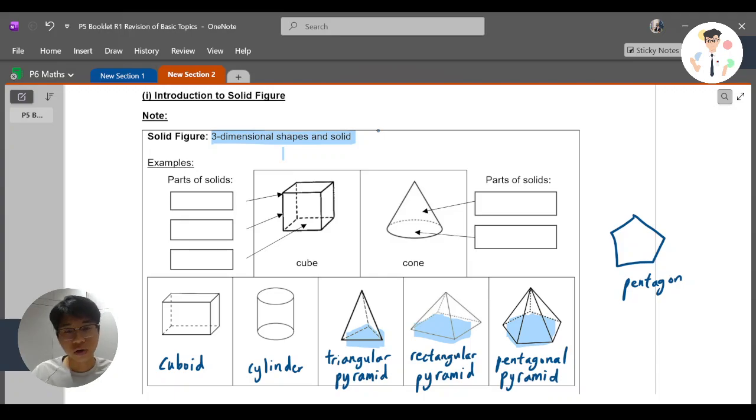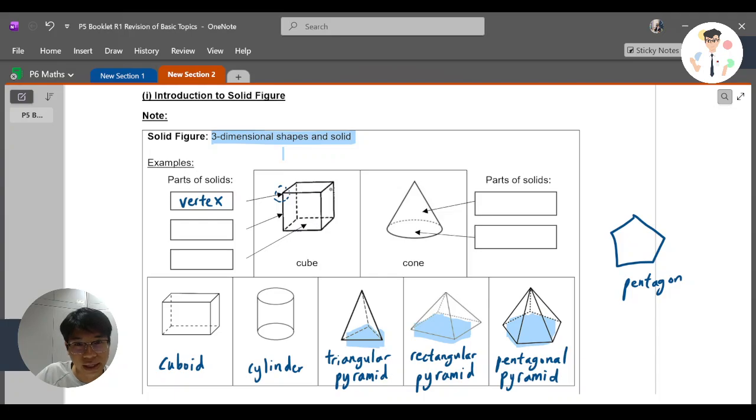Now, after understanding all these examples of solid figures, we need to understand some of the parts of a solid. For example, this is a cube. And if you look at this part, the sharp part, anyone know what's the name for that part? Okay, we call it a vertex. Okay, vertex. How about this line?